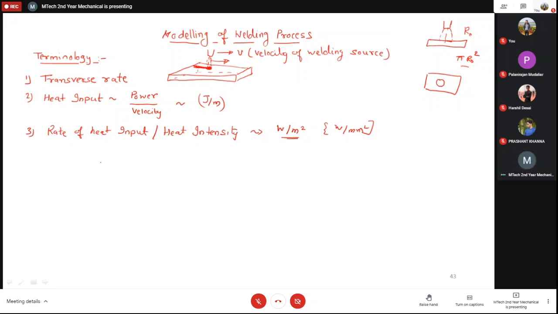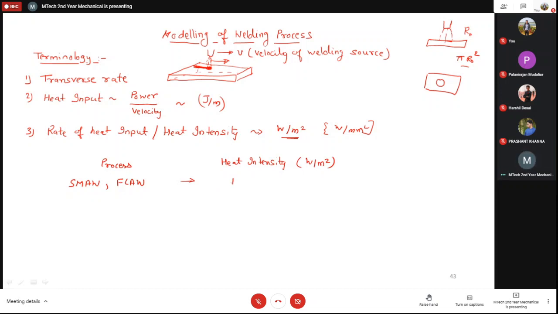Let's say if we speak about processes like shielded metal arc welding and flux core arc welding, then the heat intensity in watt per meter square is the lowest for them.